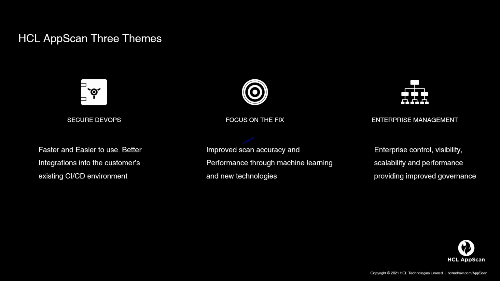Yes, we need to be able to conduct scans with high accuracy, but then when customers are asking how do we automate these scans into our CI/CD environment, that is very much a core focus for AppScan. Whether that is API-based integration or plugin-based integration, and we'll talk a little bit more about what these types of integration are, being able to do security scans within your DevOps cycle is very much an important focus.